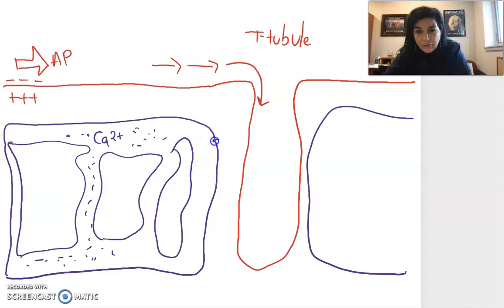But we have voltage sensitive channels right here. And oh good, this just happens to be the same color I used in the previous slide for voltage gated channels. So these voltage gated channels are actually going to open up when they sense the arrival of the action potential, of this depolarization at the membrane down here. So as this is coming down here, this is the depolarization. So we have a depolarized membrane over here.